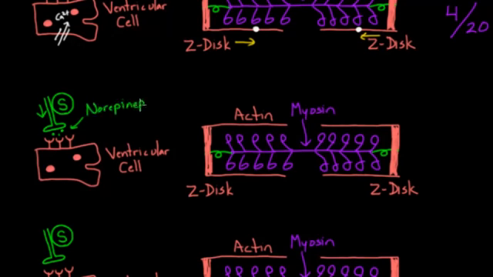So a little bit gets released into that space between the nerve and the heart cell. And it binds to, let's say, one of the receptors. So one of the receptors is going to fire, and during a muscle contraction you've got calcium coming in, but because that receptor fired, now you have a little bit extra calcium coming in, meaning that channel has been activated so that it's letting more calcium in.